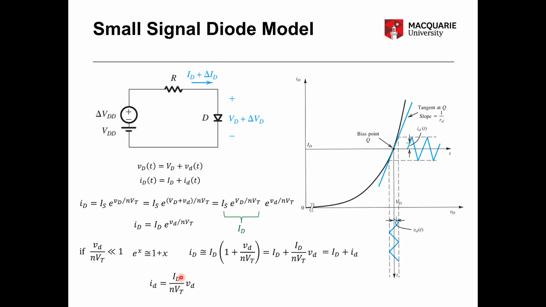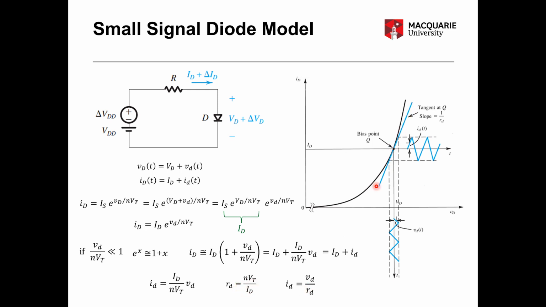So what we can actually say is that if we do the inverse of this part of the equation, we'll get what's called the incremental resistance, RD, as being equal to NVT over ID. So we can define our RD using that, and that will simplify our current equation for the small signal current down to small signal voltage divided by this RD value, which we've defined here.